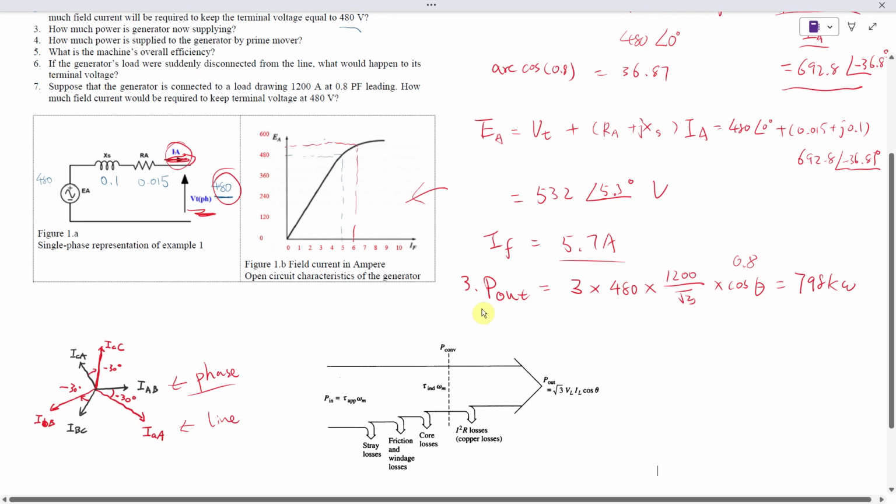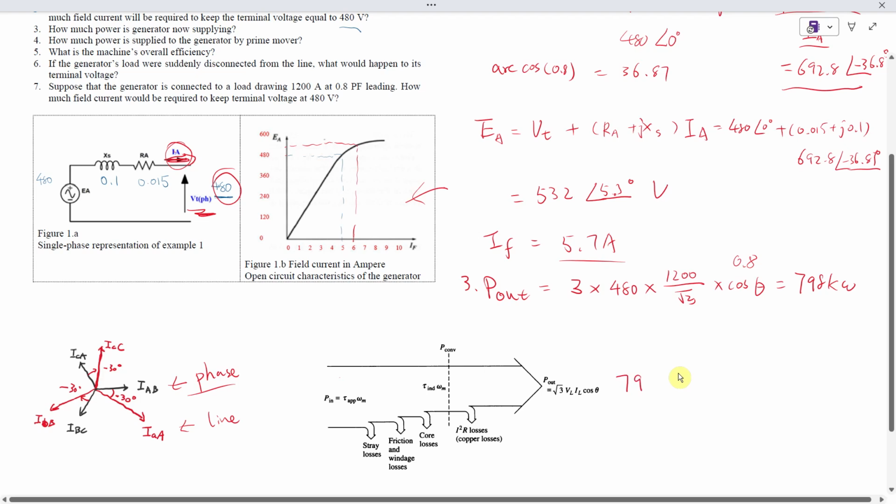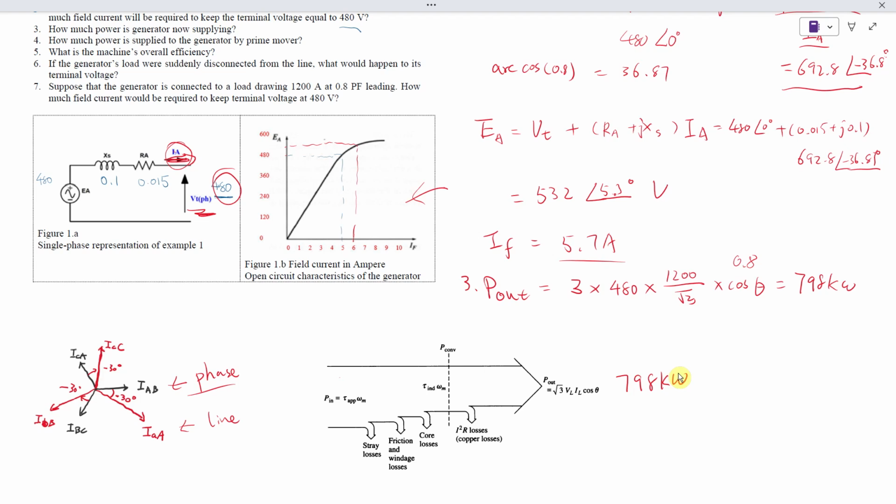All right, so section 3, we got 798 kilowatt, and that is actually the final output. I bring out this flow chart. So that's the final output power to the load, and during that we do not have this one.